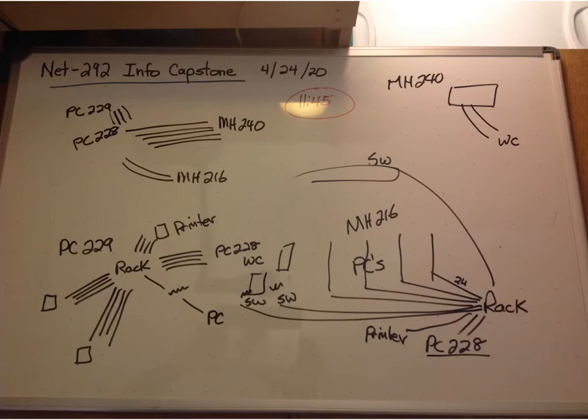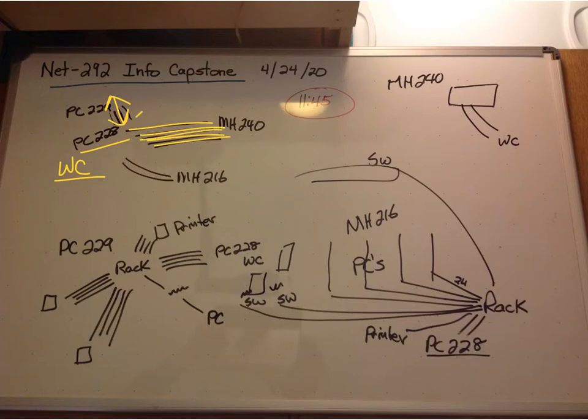Here it looks a little messy, but we talked about the lines connecting. There's 4 lines connecting PC 229 to this wiring closet, and then there's 5 lines, another 5 lines.